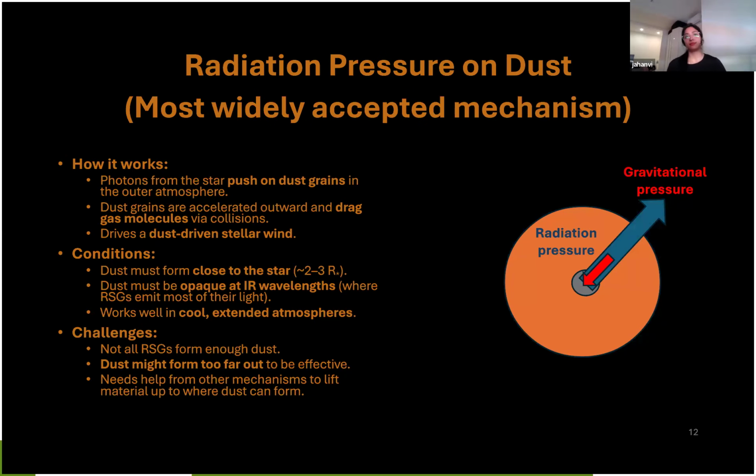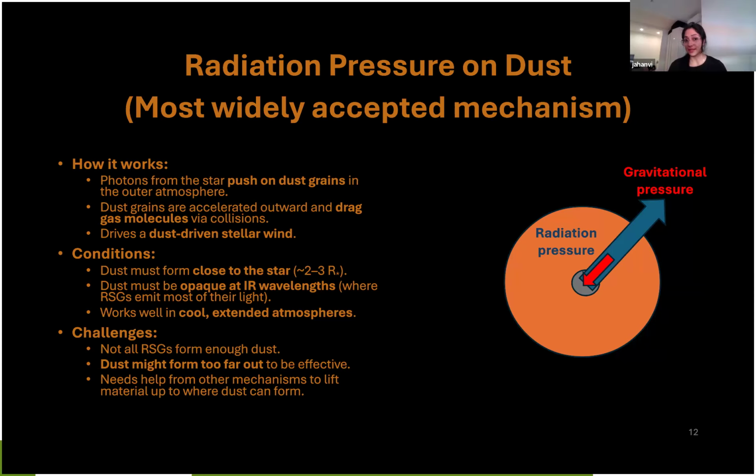So once we have the material a bit far from the star by any of the mechanisms that we just discussed, what will happen after that? After that, radiation pressure on dust, which is the most widely accepted mechanism, comes into play. Photons from the star push the dust grains in the outer atmosphere, and these dust grains can accelerate and drag the gas molecules, and we can have the mass loss.